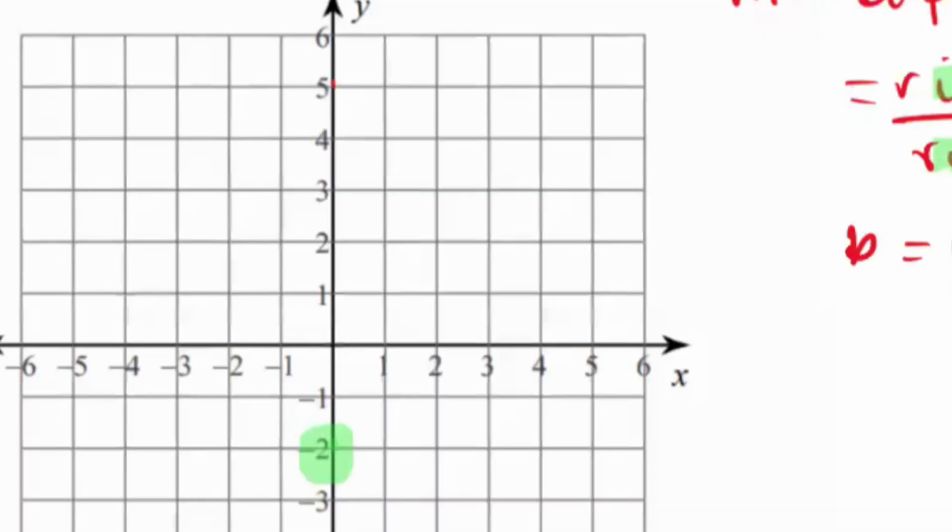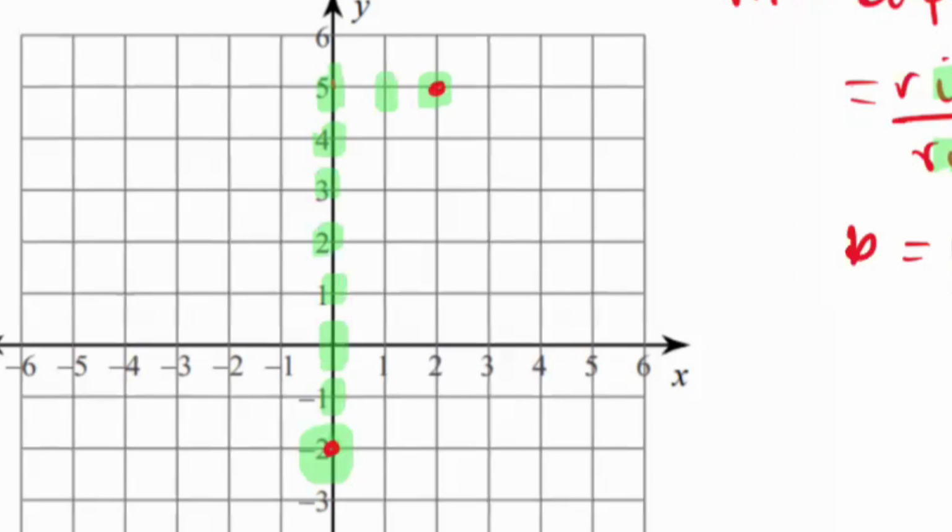So from negative 2, we could go up. So it's 1, 2, 3, 4, 5, 6, 7. And then I'm going to run to the right 2, 1, 2. So here are the points. Our first point would have been our y-intercept at negative 2. The second point is right here.